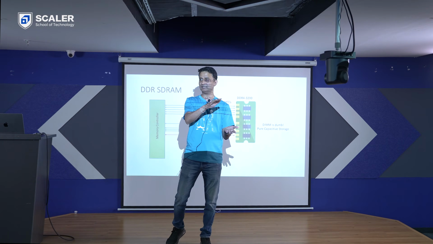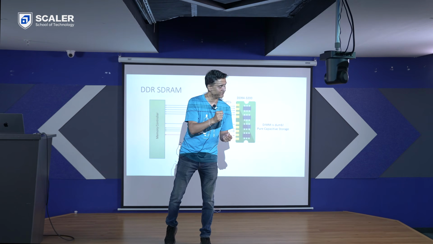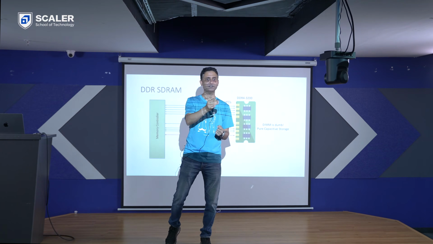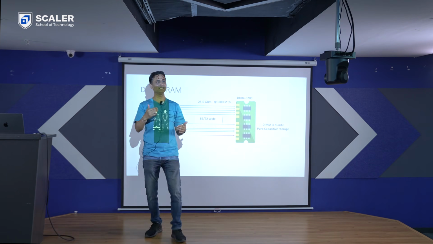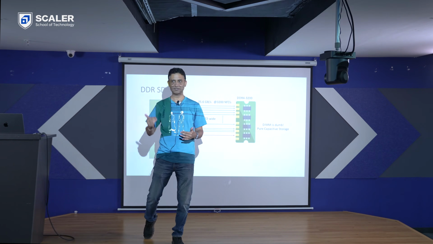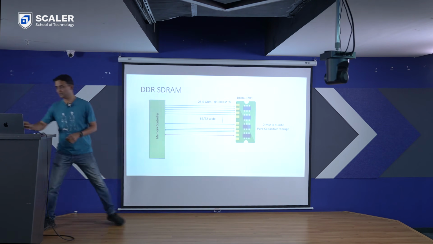Which means that if I'm sending 3200 million transfers per second, how many bytes per second am I sending? 8 times 3200 million, which is 3.2 giga transfers per second times 8, 25.6. Make sense? All right.